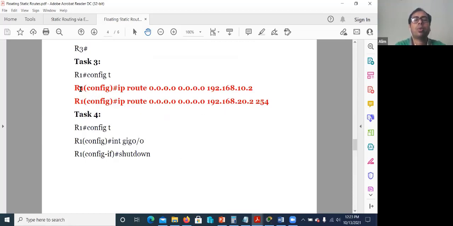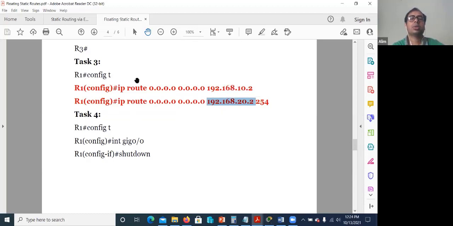From R1, R1 means your organization's router where you are working, you have a default route to 10.2.0.1, the next-hop IP address to ISP 1, and 192.168.20.2, the next-hop IP address of the other ISP router interface.